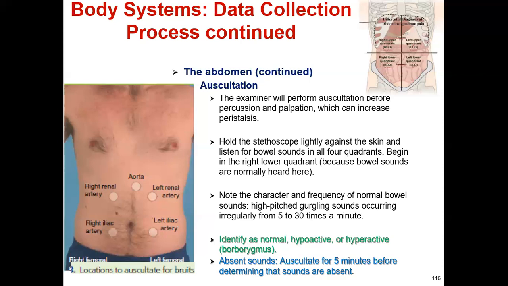So I said, if the patient has hyperactive sounds, it means the patient has diarrhea, right? If the patient has constipation, the sounds are hypoactive. Also, for absent sounds, auscultate for 5 minutes before determining the sounds are absent.